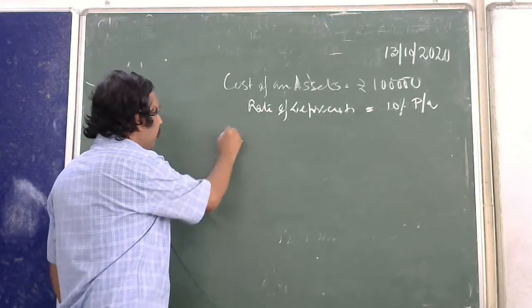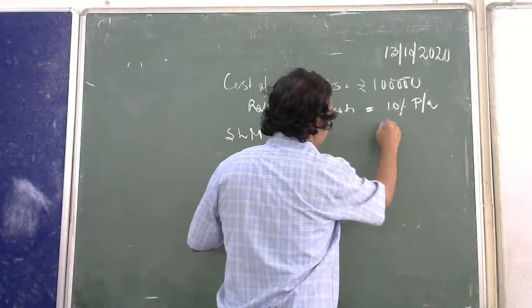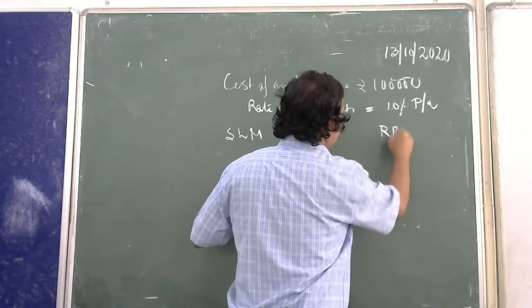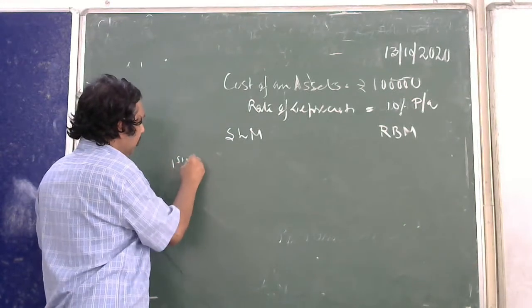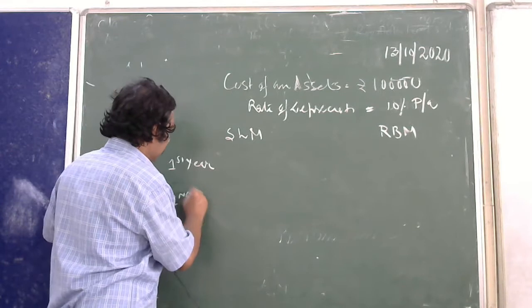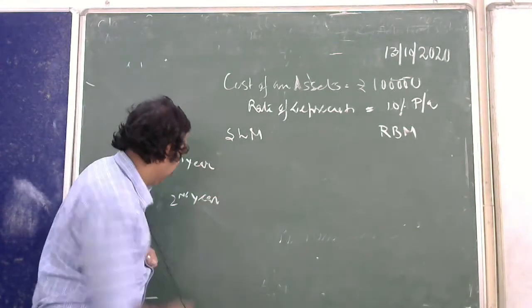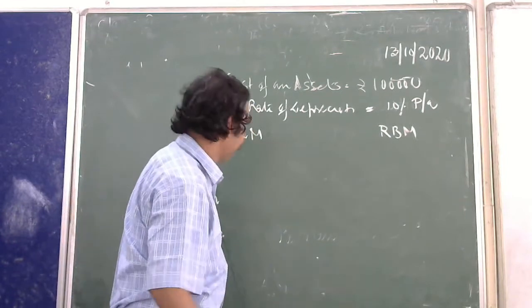Then what will be the amount of depreciation in the straight line method and the reducing balance method? We calculate the first year, the second year, the third year, and so on.